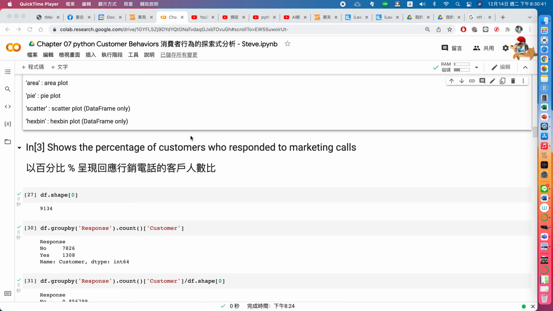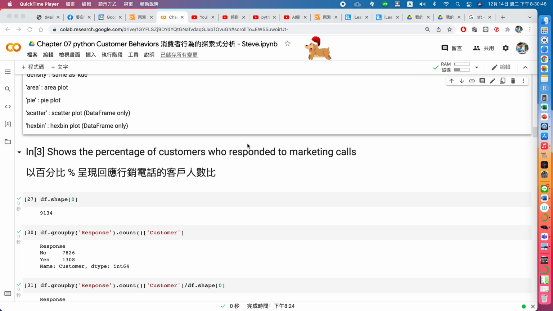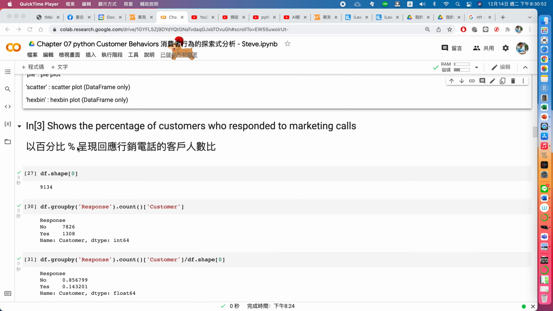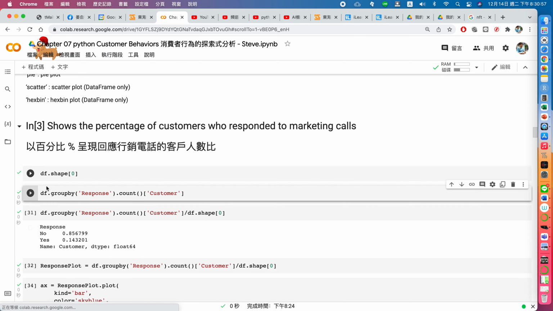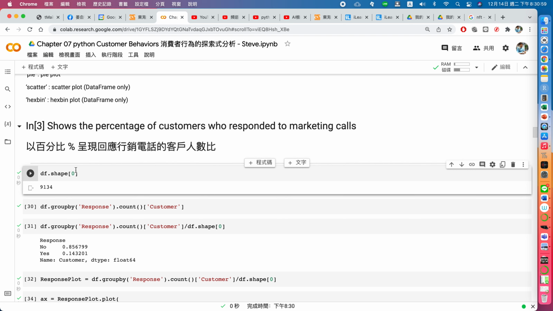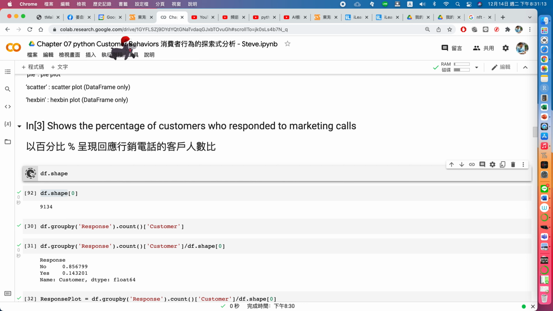Okay, so here we continue to show the percentage of customers who respond to the marketing code. With this one, shape with index 0, you can use this command to show the dimension for the DF.